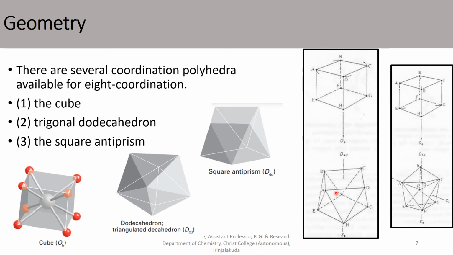So, this square antiprism and the dodecahedron are obtained by ligand-ligand repulsion from the cube, forming a distortion, but these two are the most common geometries. From the valence bond point of view, the formation of both the dodecahedron and the square antiprism can arise from sp3d4 hybridization.